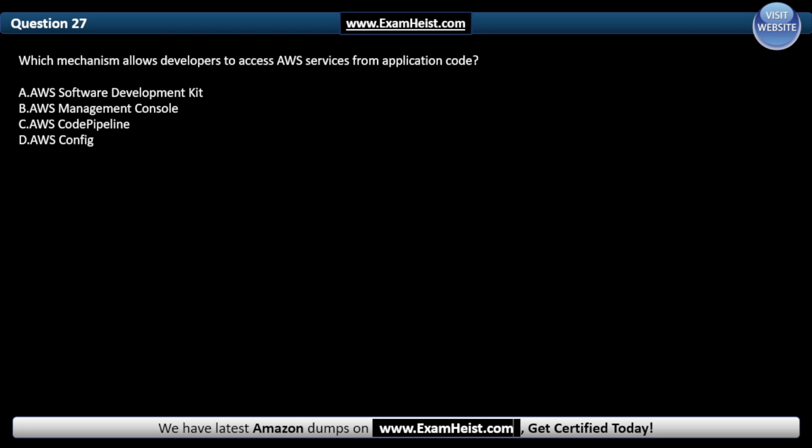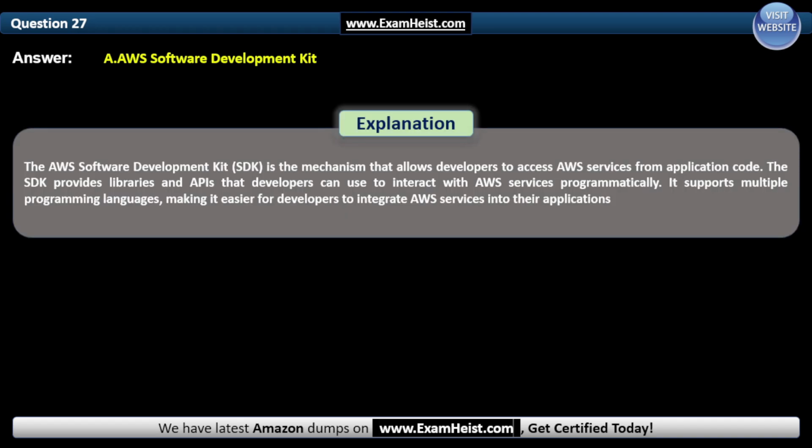Question 27. Which mechanism allows developers to access AWS services from application code? The correct answer is A. AWS Software Development Kit. The AWS Software Development Kit is the mechanism that allows developers to access AWS services from application code.